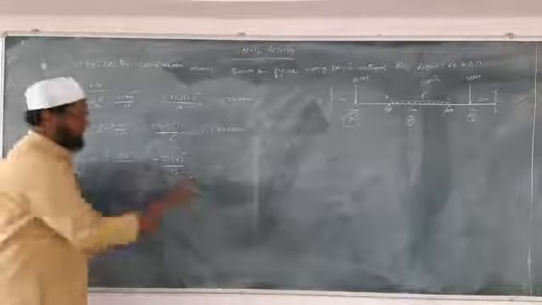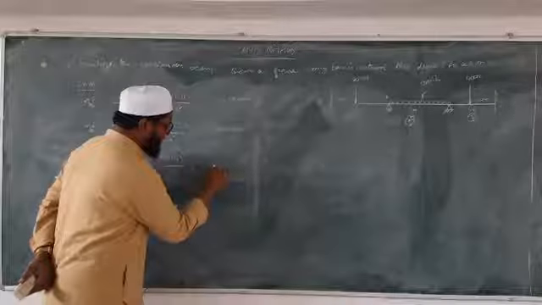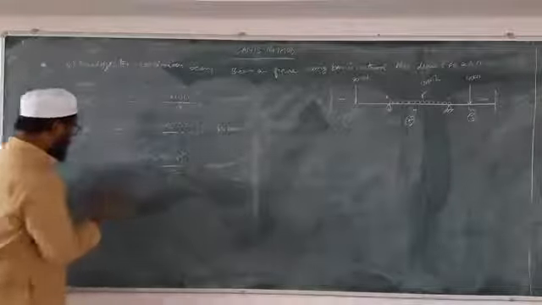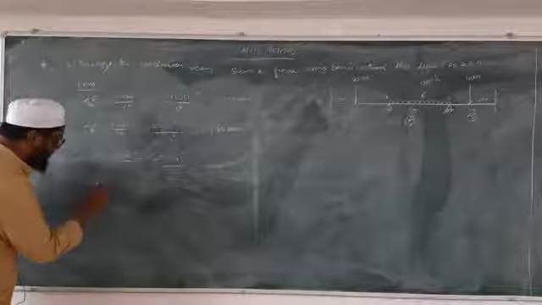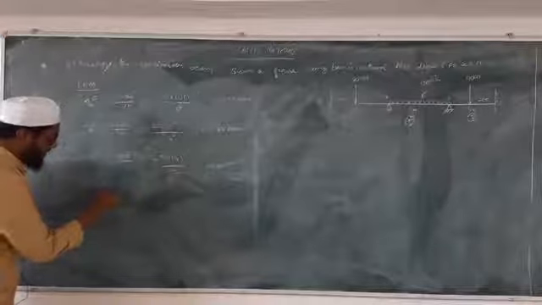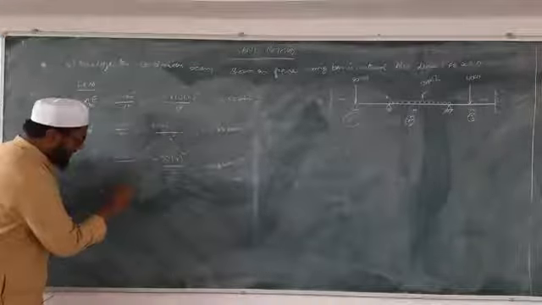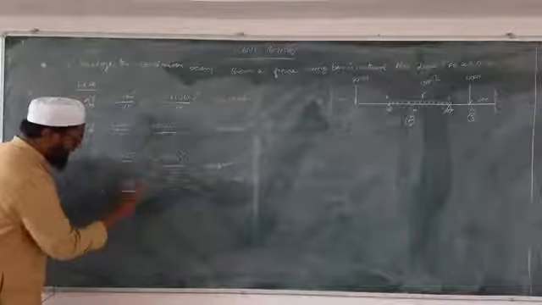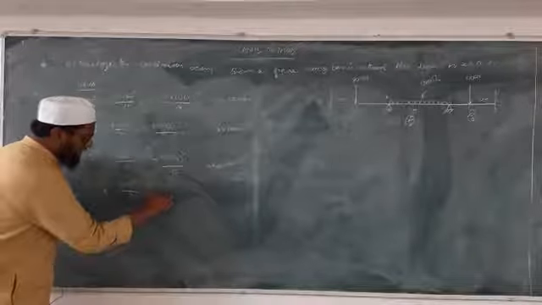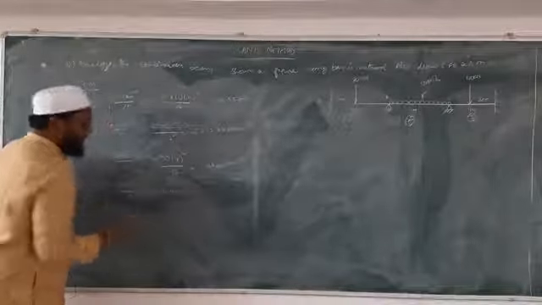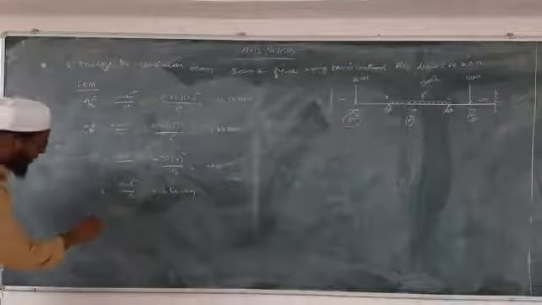Minus 66.66 kilonewton meter. And MFCB is equal to the same, plus WL square by 12, which is equal to plus 66.66 kilonewton meter.